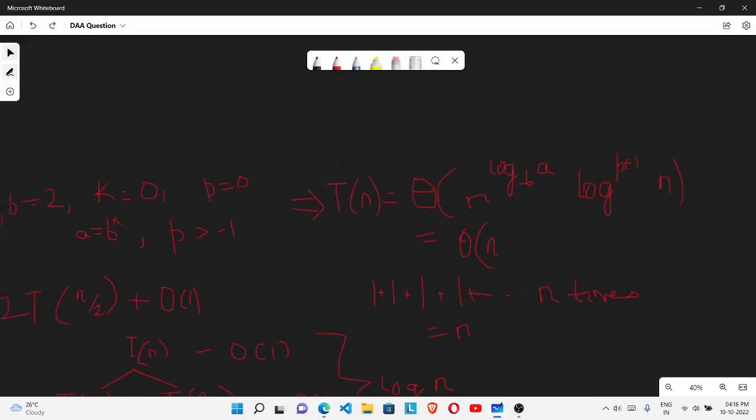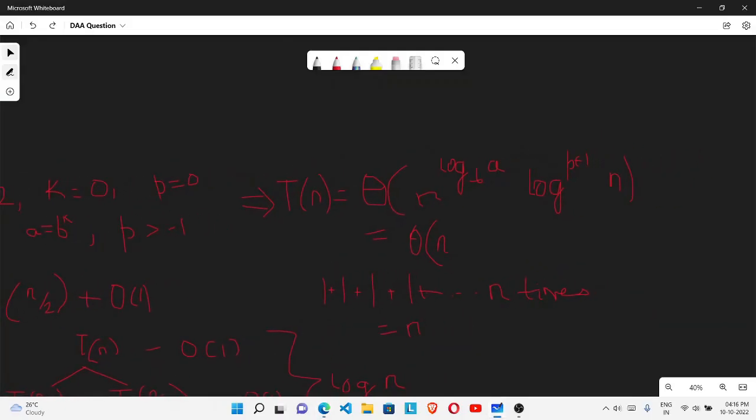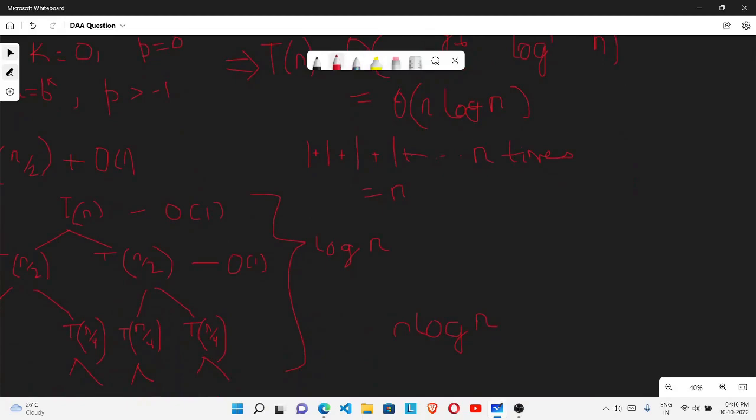So yeah, okay, correct. So log to the power p plus 1, and p is 0, so n log n. Yeah, that's the same answer which we got over here, n log n, using the recurrence tree and using the master theorem.